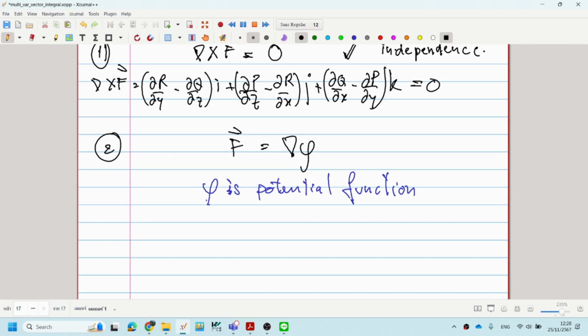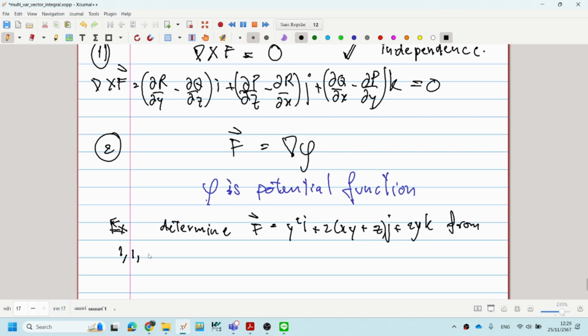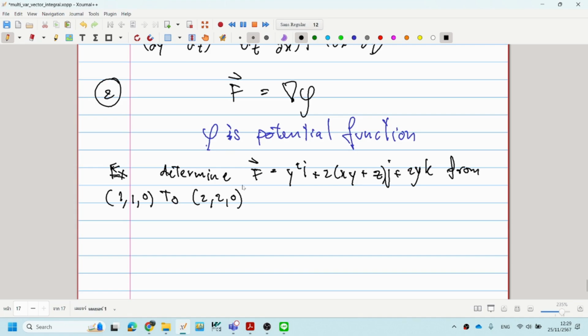Example. Determine vector f equal to y squared i plus 2xy plus 3 j plus 2y k, from the start point x1, y1, z1 to the end point x2, y2, z2.